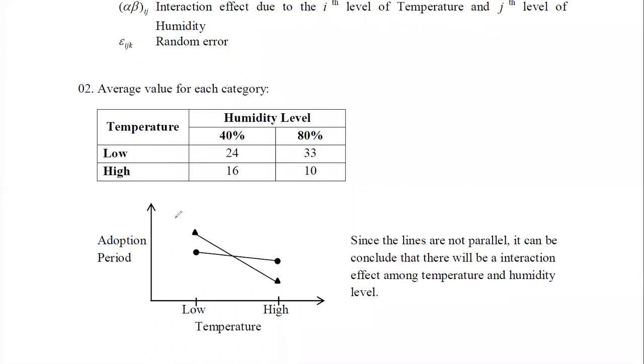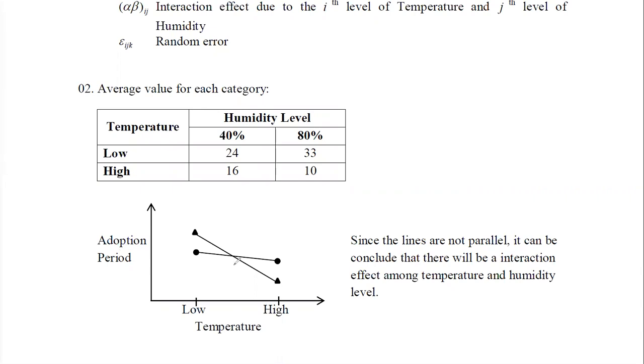Since the graph shows an intersection between two lines, in simple terms, the lines are not parallel, and here we can clearly see an intersection. Therefore, we can say that there is an interaction between temperature and humidity level on the effect of this adoption period.